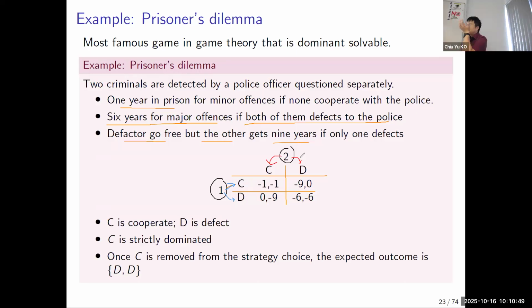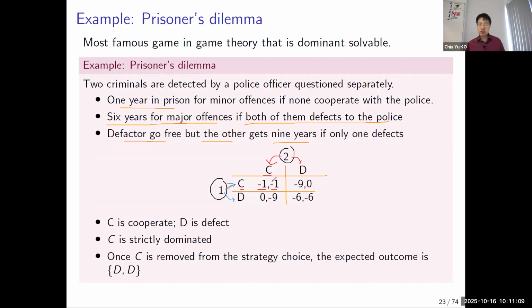It tells us how much utility they will get for each possible outcome, right? Outcome is the strategy profile, right? So they choose C and C. Player 1 gets -1, player 2 gets -1, which means they go to jail for 1 year, right?